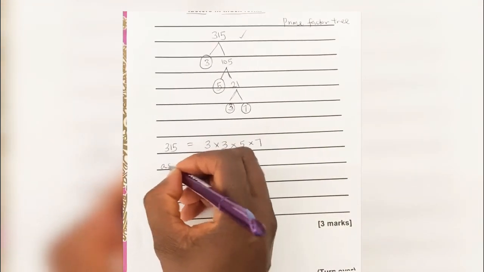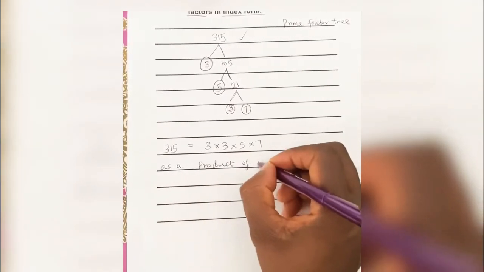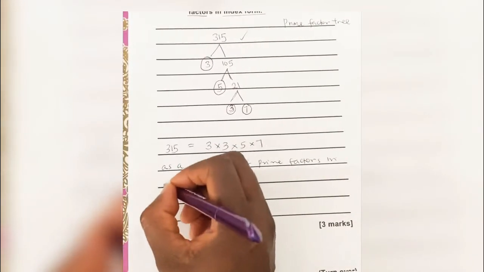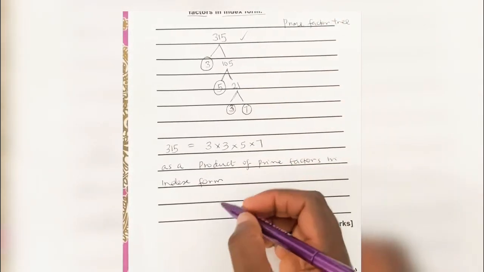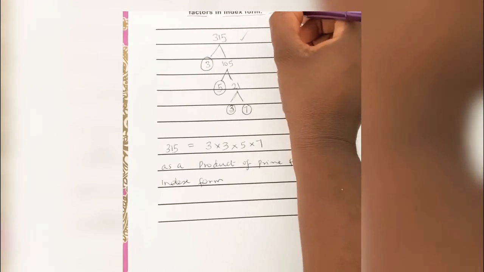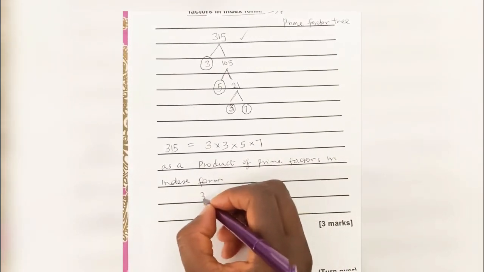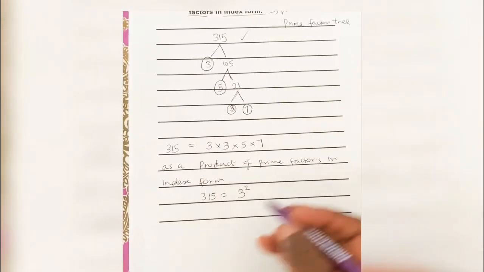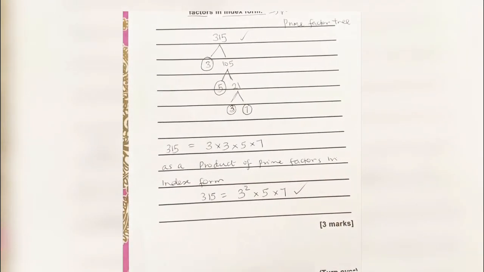And as a product of prime factors in index form, okay, index form means indices, it means powers, you have to use powers. So we'll now write 3 times 3 as 3 squared, because it's 3 being multiplied by itself, times 5 times 7, and that will be the answer for that one. You'll get 1 mark for that, 1 mark for this, and 1 mark for that.